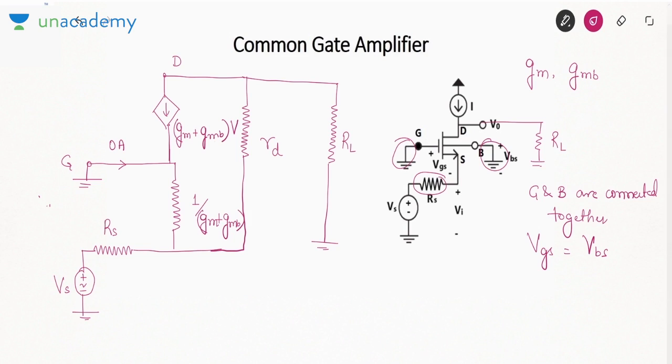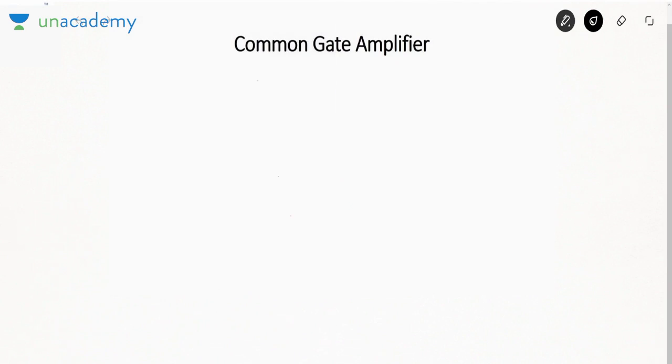Now I want to find certain parameters of this circuit. So let us move on and find the parameters one by one. First of all, I want to find the input resistance. Okay. My first aim is finding the input resistance. So input resistance is represented by Ri, but always remember, ignore source resistance.